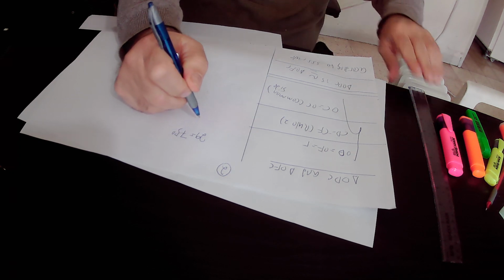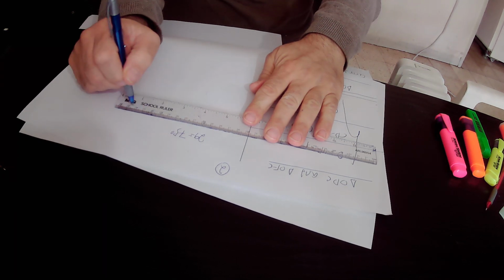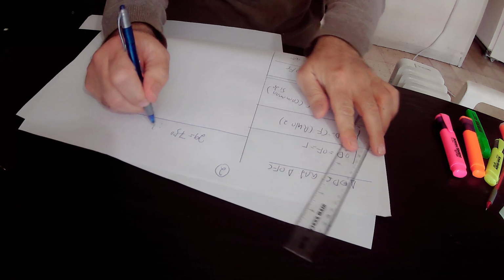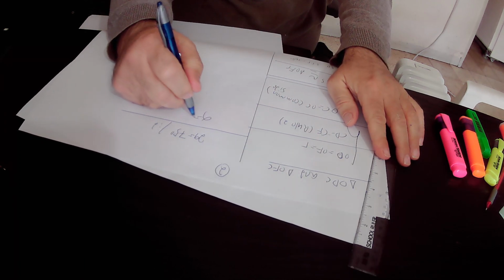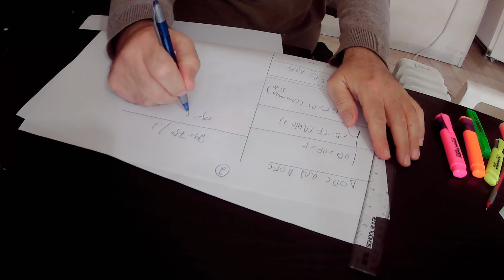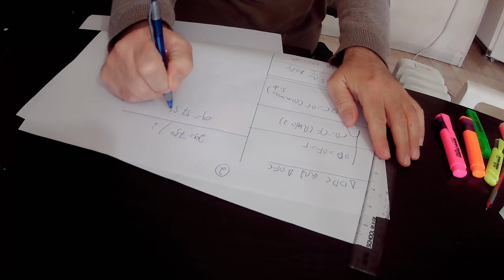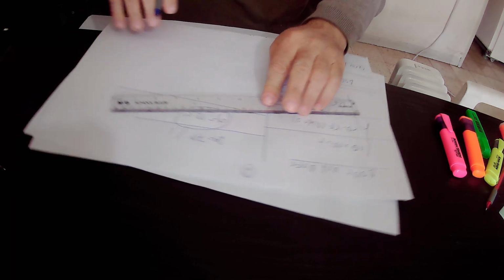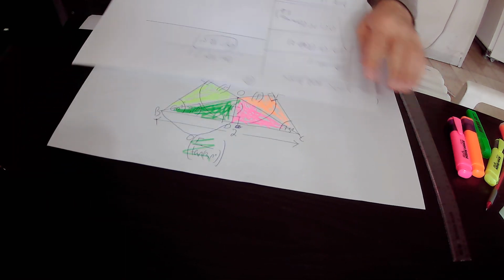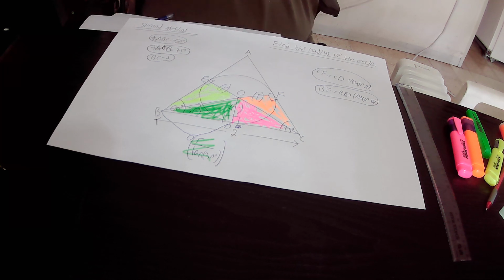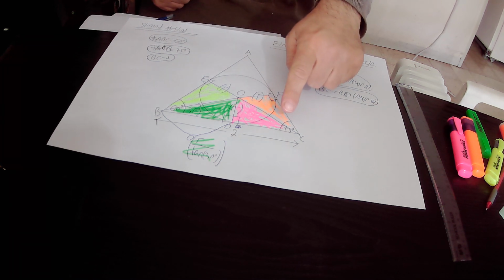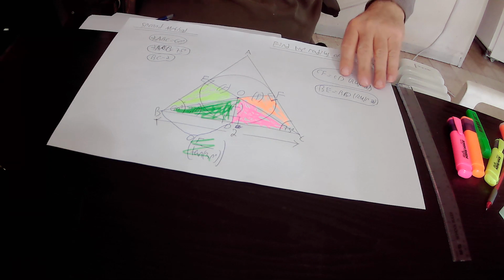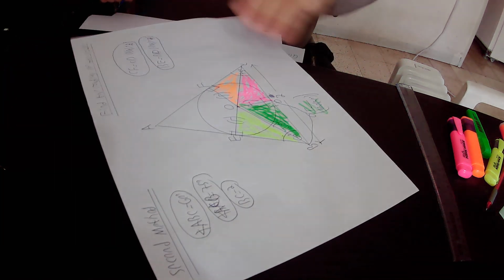We divide this equation by 2, and finally we get angle alpha equals 75 degrees over 2, that is 37.5 degrees.